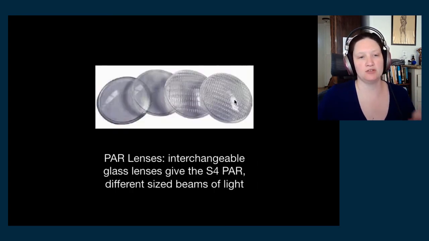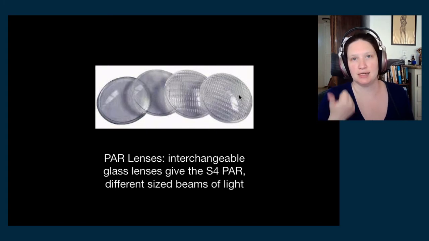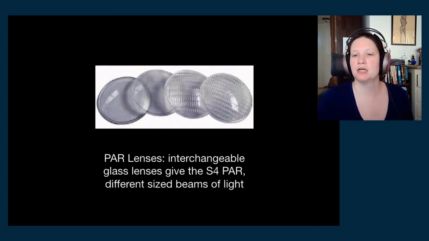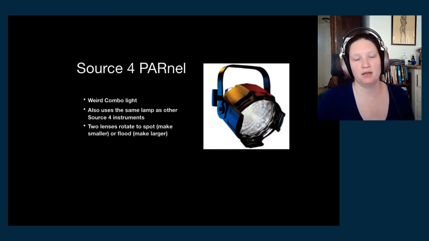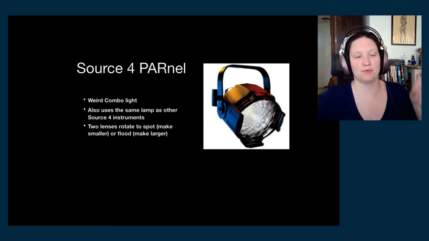And then these are what those interchangeable lenses look like, from the very narrow spot all the way up to the wide flood. And so that allows you to get different sizes in your beams of light. So then Source 4 was like, this is not enough. We will now make an even weirder hybrid, which is a Source 4 Parnel. So it again uses the same lamp, right?